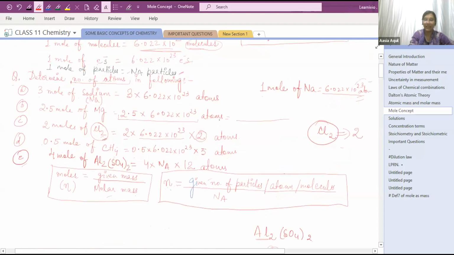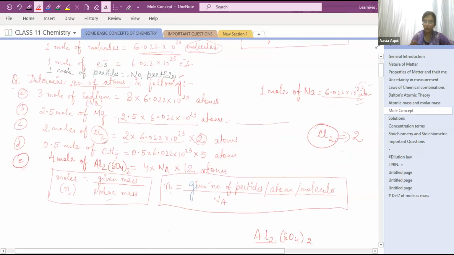That's how you calculate the number of atoms in the following, whether it's a molecule or a complex organic compound. For example, if C6H12O6 is given, say 2 moles of glucose, and you have to calculate the number of atoms in 2 moles of glucose, how will you calculate it?